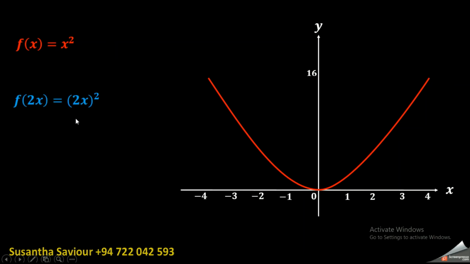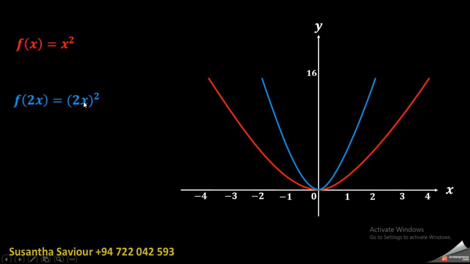What is the transformation? Here you have f(2x). f(2x) means this x is replaced by 2x, that means it will become 4x squared. When you look at the graph of that, it will look like this, right?